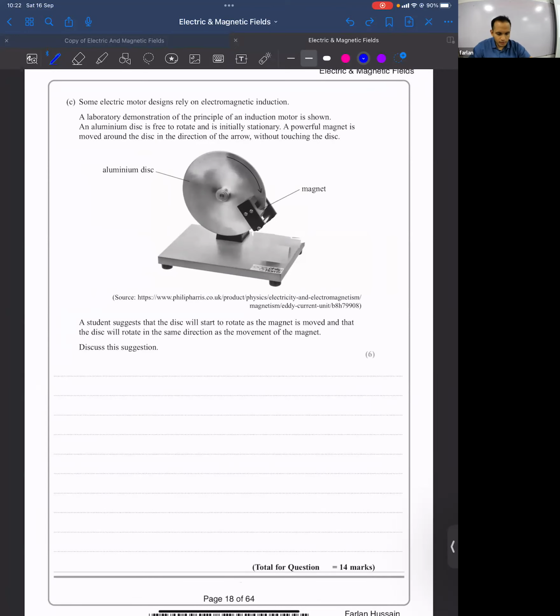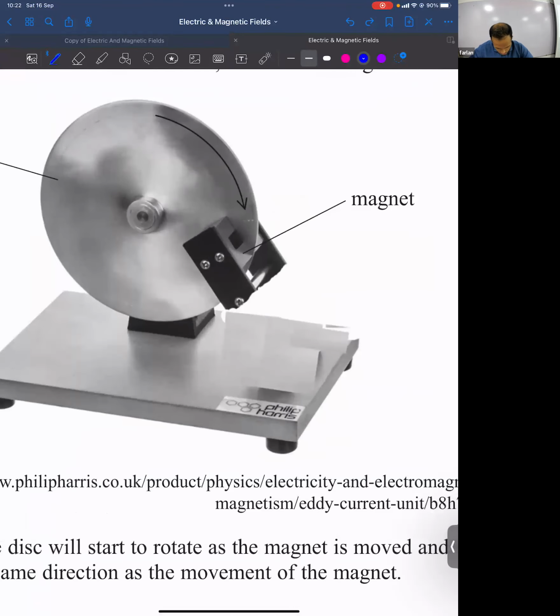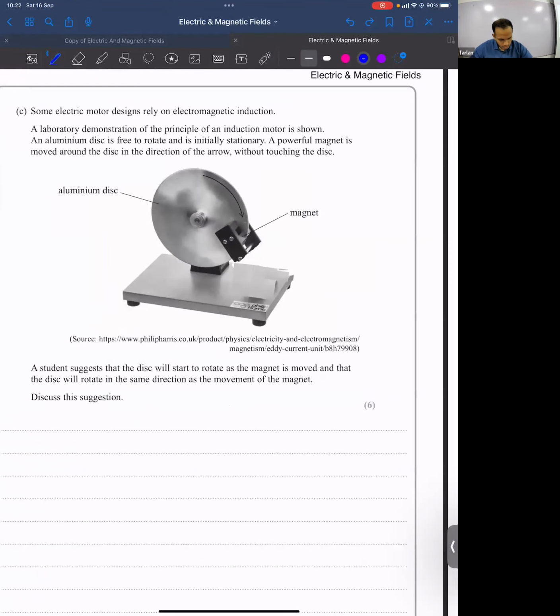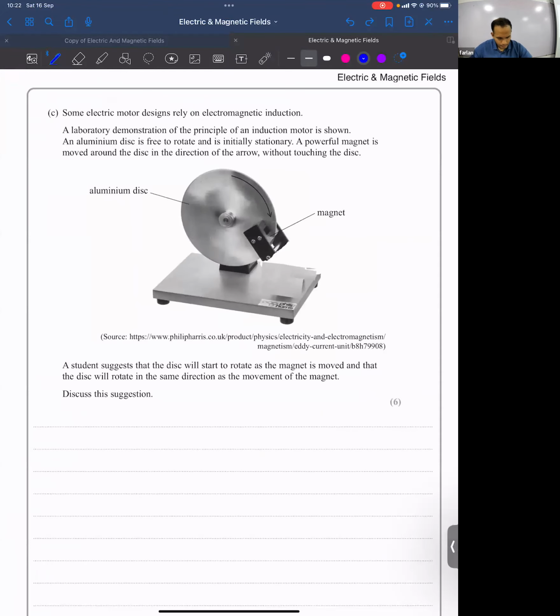An aluminum disc is free to rotate and is initially stationary. A powerful magnet is moved around the disc in the direction of the arrow without touching the disc.